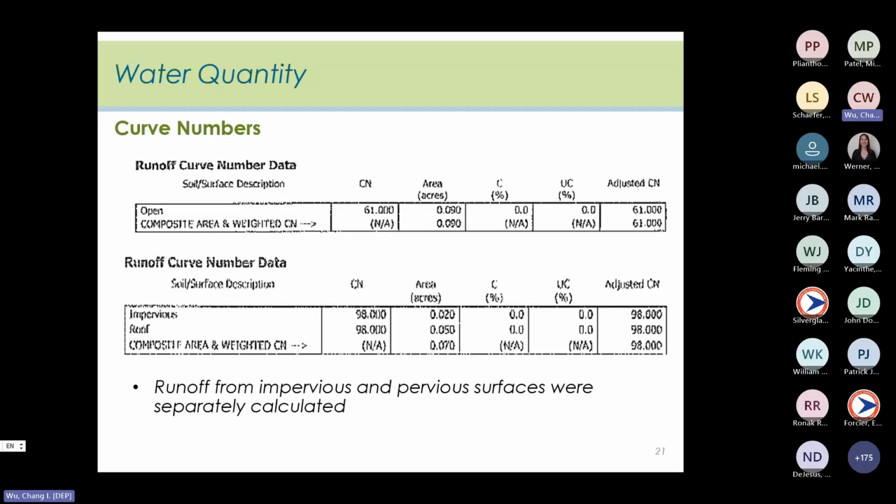The next thing after checking the curve number is to check whether the runoff from impervious surface and pervious surface are calculated separately. From the routing calculation, it seems that the runoff from impervious surface and pervious surface are calculated separately.